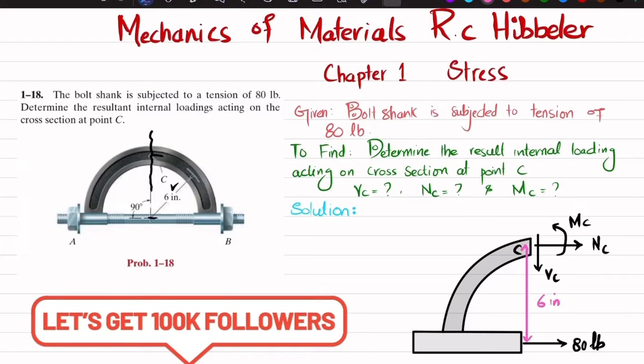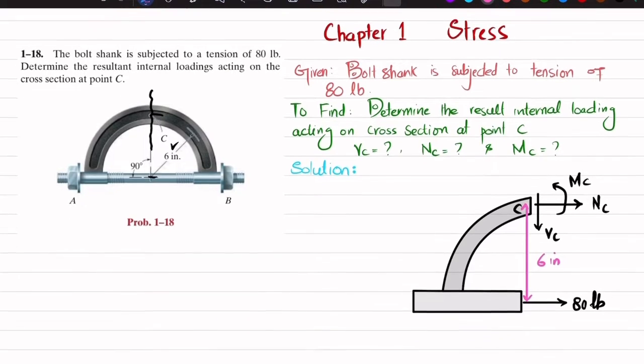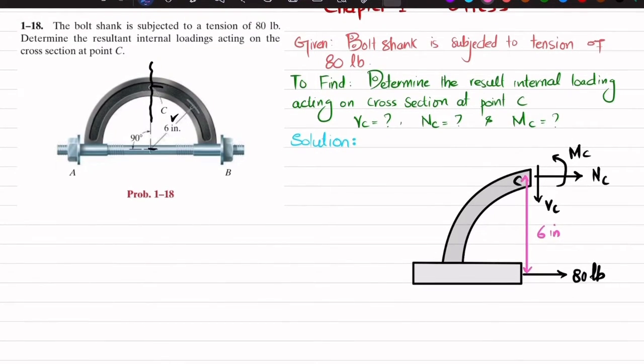Now we will apply equations of equilibrium in order to find MC, NC and VC. So the first equation of equilibrium is that the sum of all forces along x direction must be equal to 0, and force in this direction is taken as positive. So you can see only horizontal force is NC. So I will write this in plus direction.